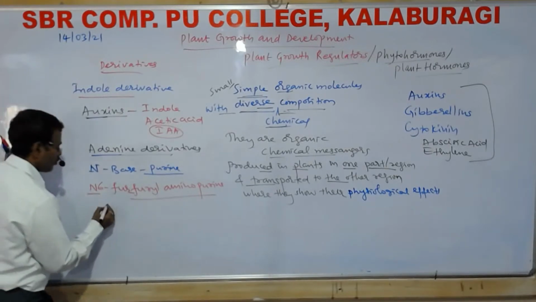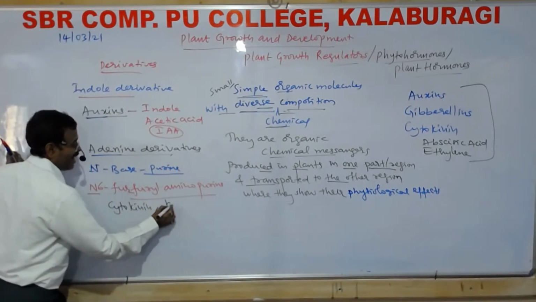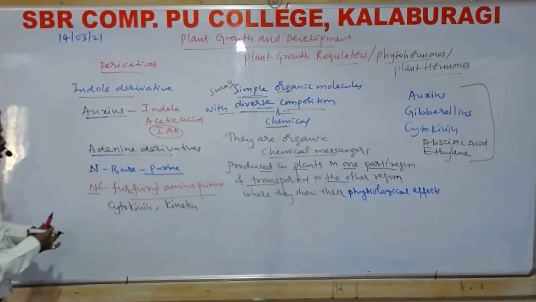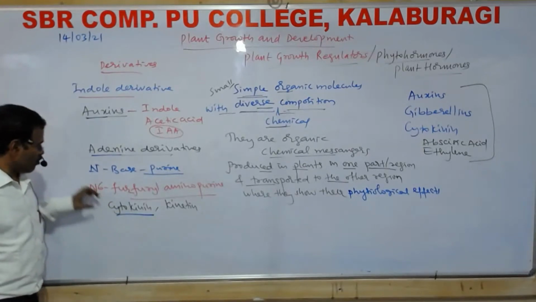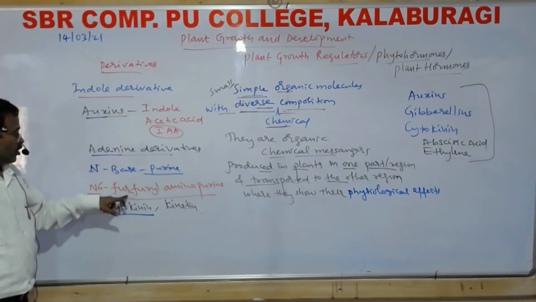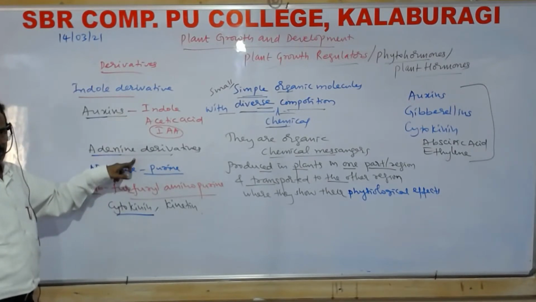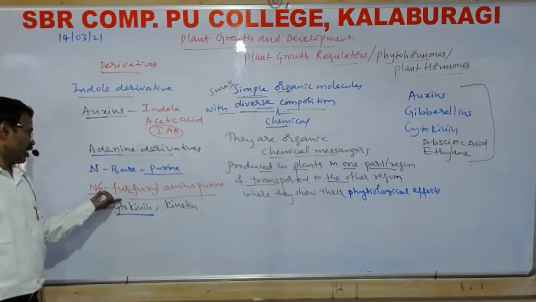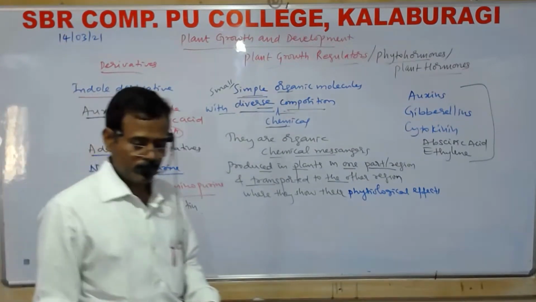So it is cytokinin, or kinin. Adenine derivatives are cytokinins, chemically N6 furfuryl aminopurine. Adenine is a nitrogen base, a double-ringed purine, from which the cytokinins can be derived.